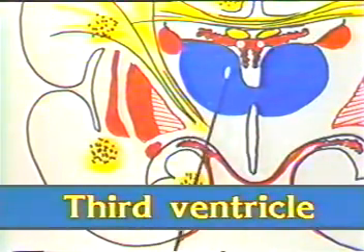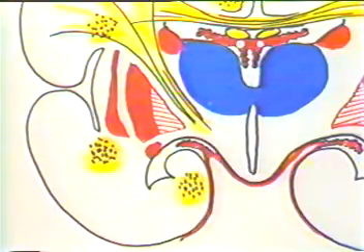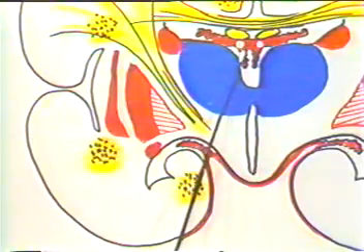The choroid plexus in the third ventricle is also represented by invaginations from the tela choroidea, and more precisely from the inferior surface of the tela choroidea. As a matter of fact, the choroid plexus in the third ventricle is continuous with the choroid plexus in the lateral ventricle at the level of the interventricular foramen.